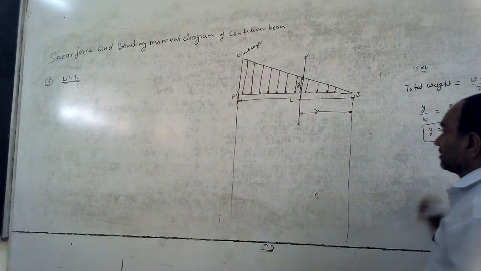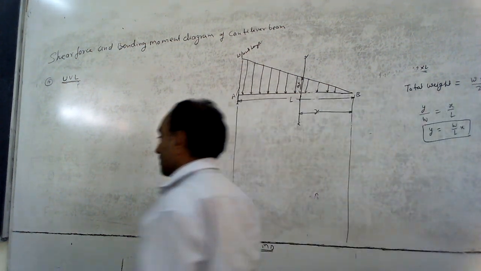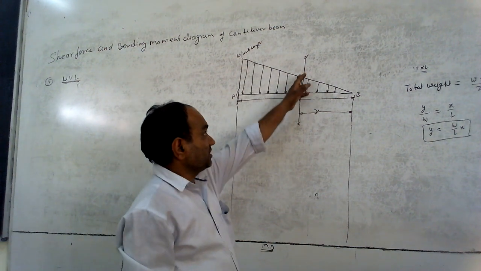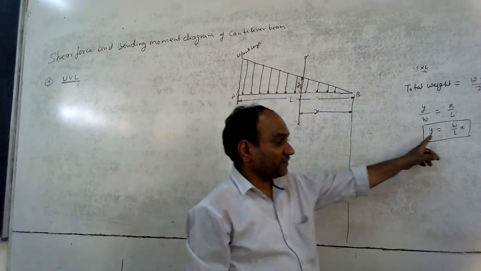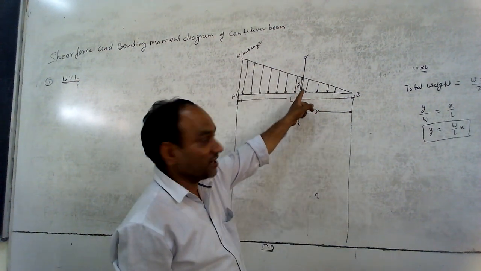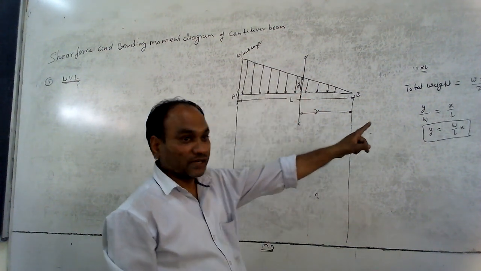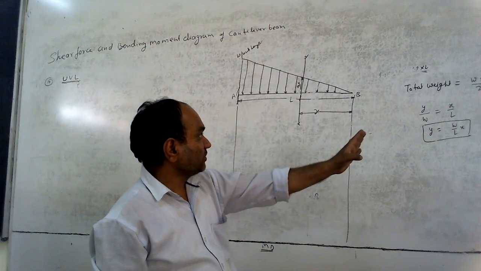You have to find out this relation because we don't have an idea of the intensity of the load at this point. By this relation you can find out the intensity of the load at this point. So y equal to W by L into x.